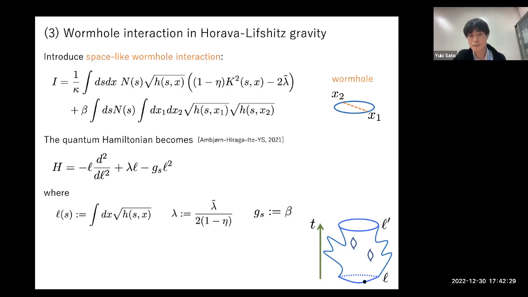In a traversable wormhole, you have a classical wormhole solution, and you have to add a matter term whose energy is negative. Then somehow such a metric can be traversable, meaning that one can remove the real singularity of the black hole.